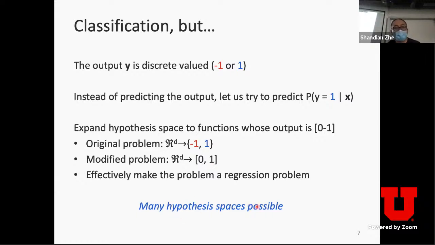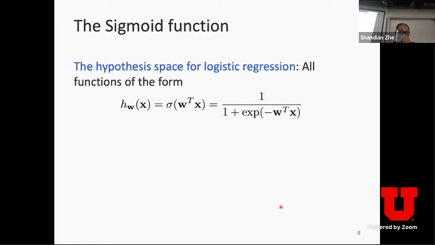But there are still many hypothesis spaces available. In logistic regression, we're going to focus on a specific type of hypothesis, which is called the logistic function, or sigmoid function. You can see the sigmoid function is the one you're using right now to implement neural networks, but we're going to take a closer look at it and see which properties it has.